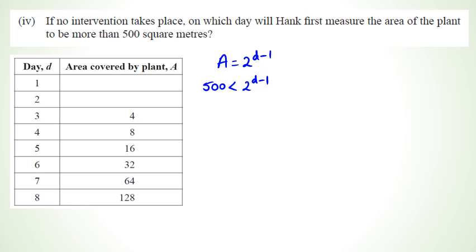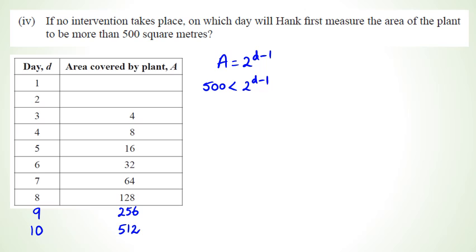The other way of doing it is actually looking at your table. Now you see how you got 64, 128? I could just carry it on. So if I make this 9, then this would become 256. Then the 10th one would be 512. So if you read the question, it says, which day will Hank first measure the area to be more than 500 meters?